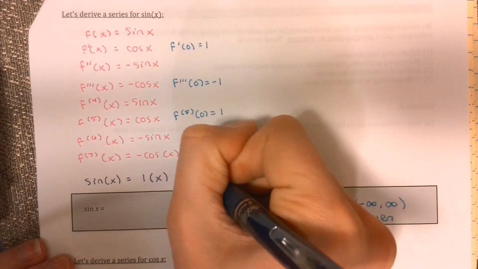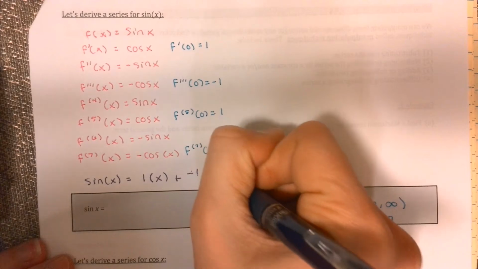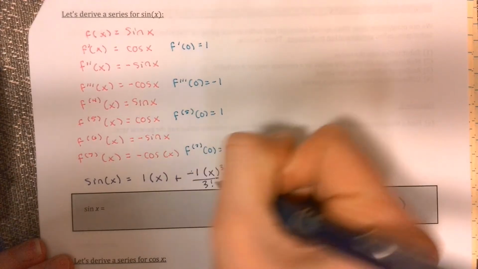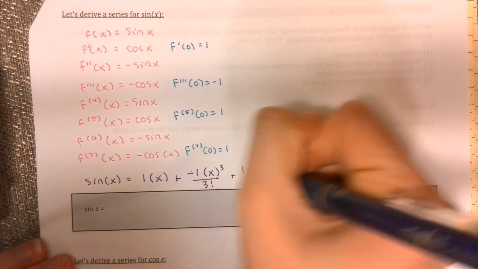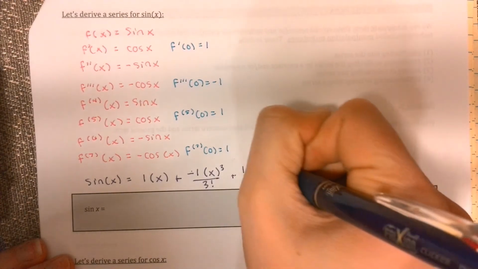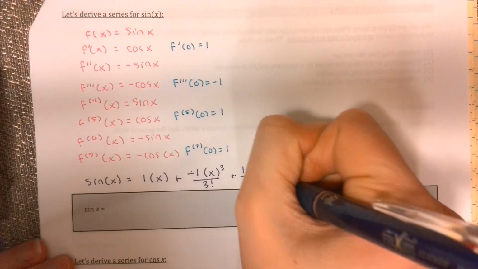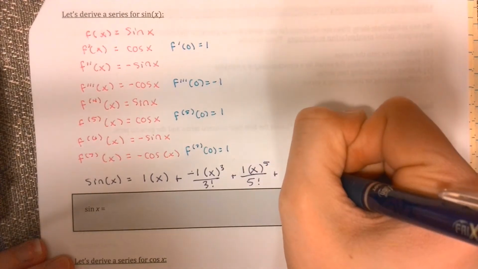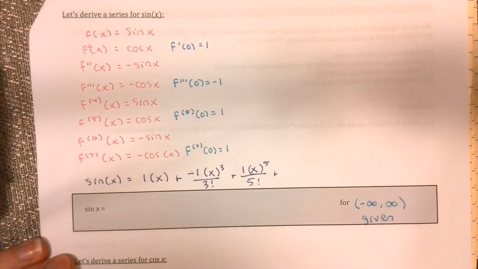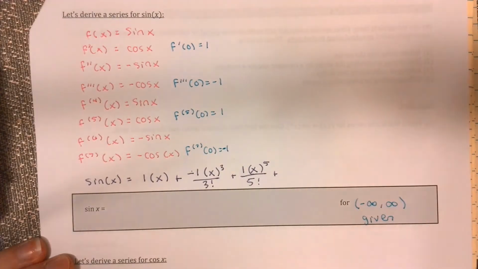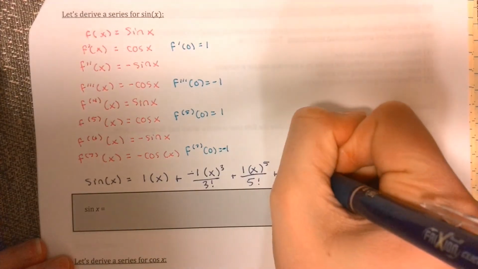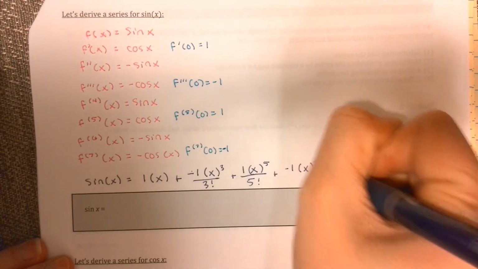Negative 1 x cubed over 3 factorial. Skip the fourth derivative, 1 x to the fifth over 5 factorial. Oops, I forgot a negative here, didn't I? This is why it pays to write stuff out. The 7th: minus 1 x to the 7th over 7 factorial.